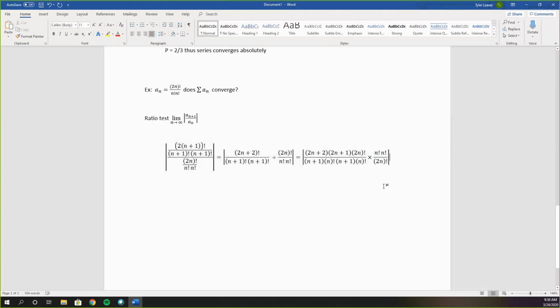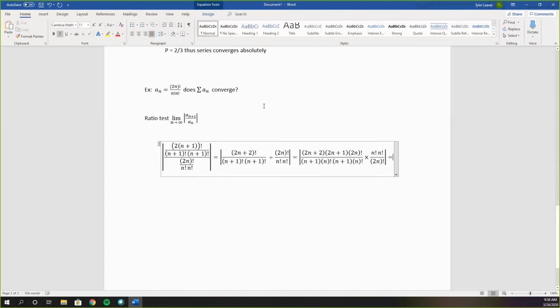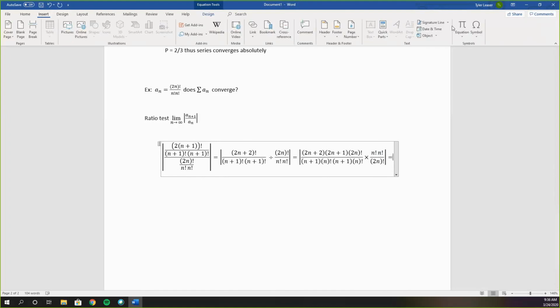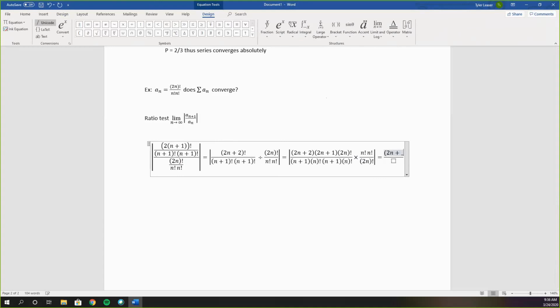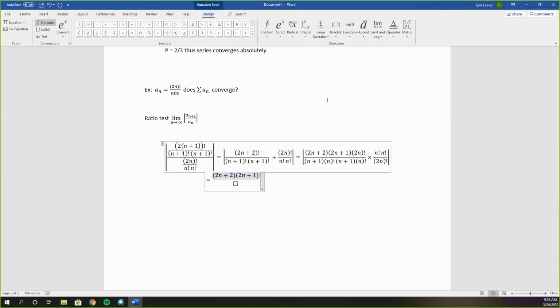So all we're going to have left, I'm going to go ahead and drop the absolute values now, is another fraction where we have the 2n plus 2 on top, the 2n plus 1 on top, and then in the denominator, we're going to have an n plus 1 times another n plus 1. You could write that as n plus 1 squared if you really wanted to. Okay, but that is all that is left over here.